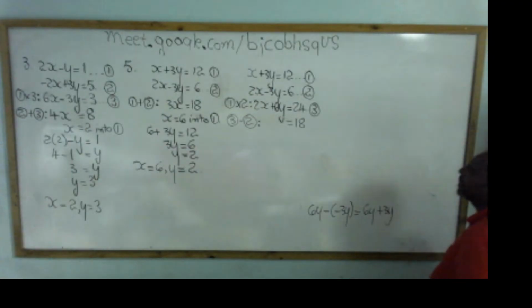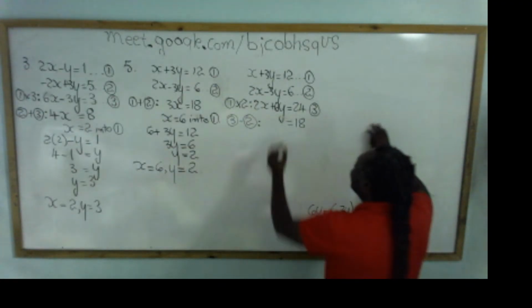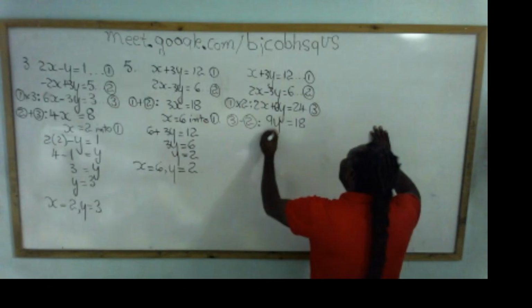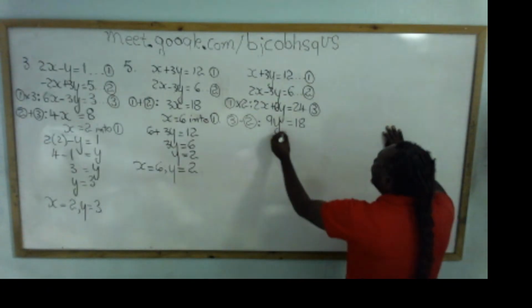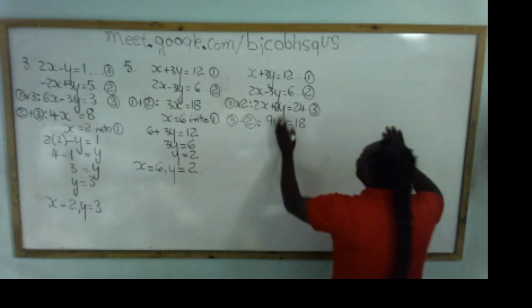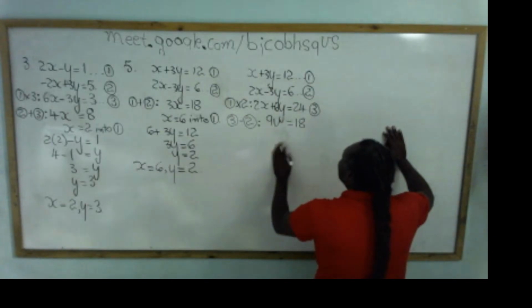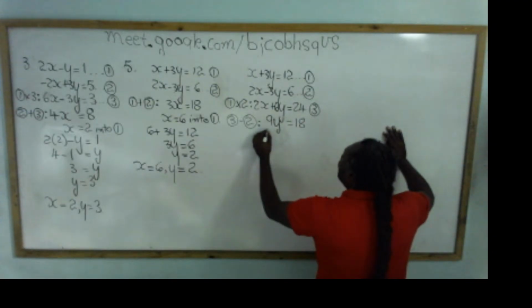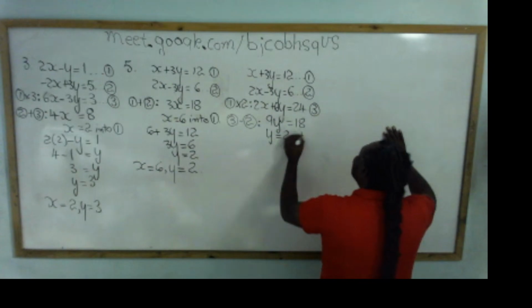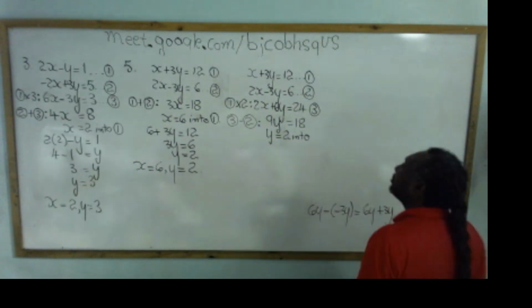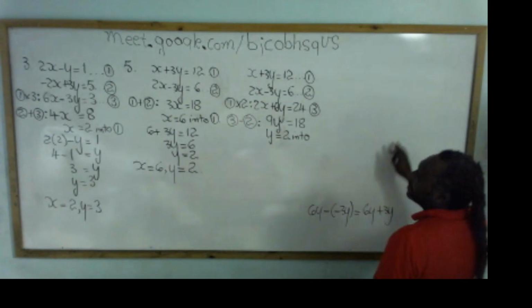So what do we have here? 9y is equal to 18, meaning that y is equal to 2. I'm going to put it over here instead. y is equal to 2. And we're going to put that into equation 1 again.